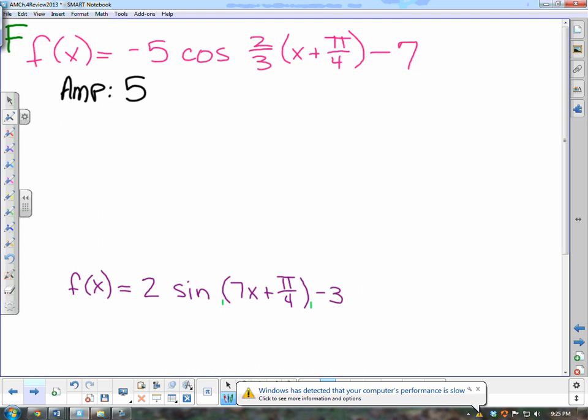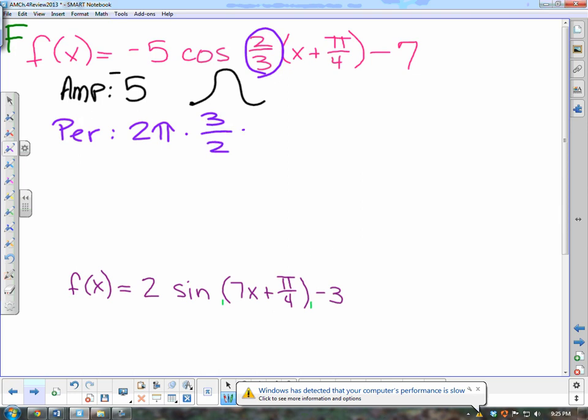Now, if you said a -5, I would let it slide because, yes, that negative does affect the graph in that it starts at its minimum and then works its way back up and down. The period would be 2 pi times the reciprocal of what's being multiplied with the x, which is 2/3, so 3/2. That turns into 3 pi for a period.